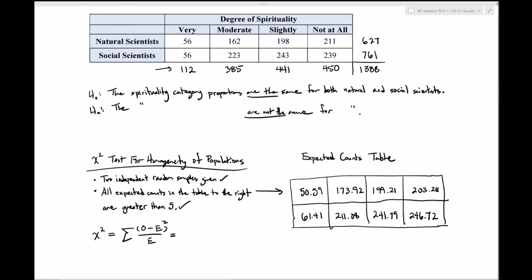8's still too many, in my opinion, so I'm going to do the first. So 56 minus the corresponding expected value, 50.59. Square this difference, you divide by the one that's expected, 50.59. Plus, dot, dot, dot. Maybe we want to move this a little bit further down.